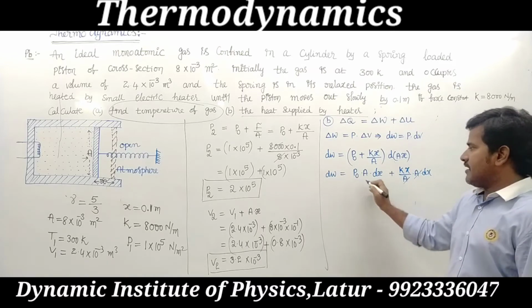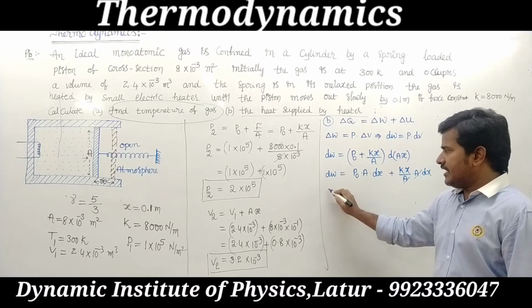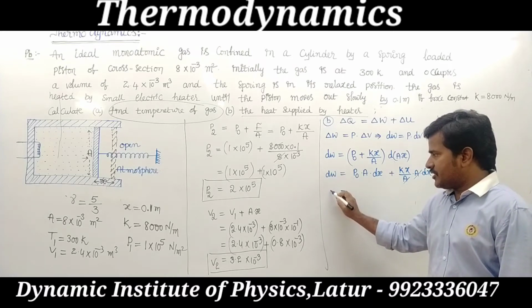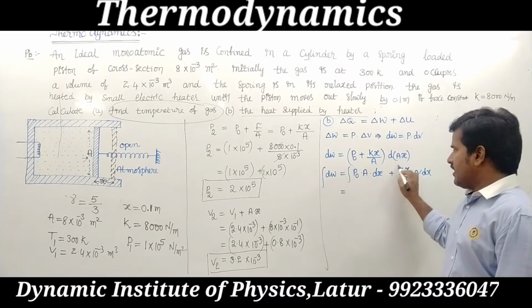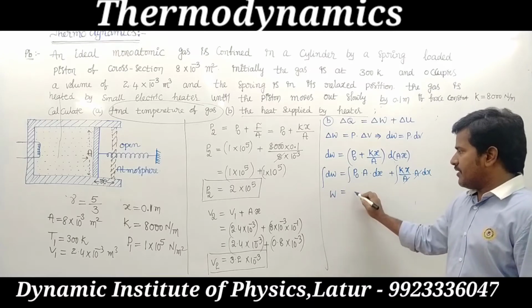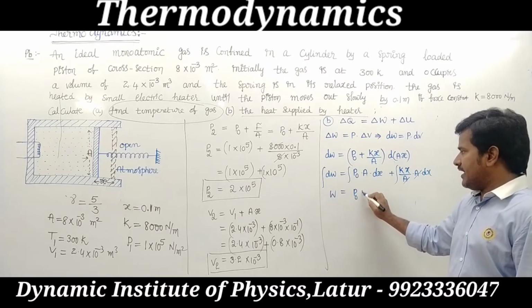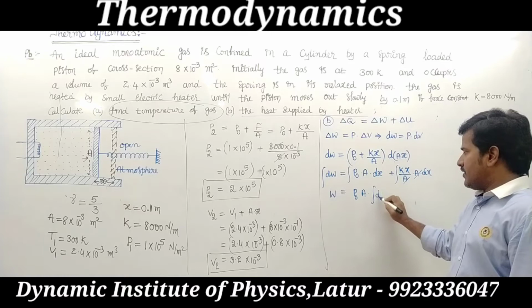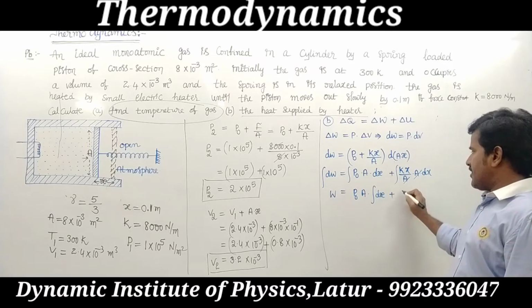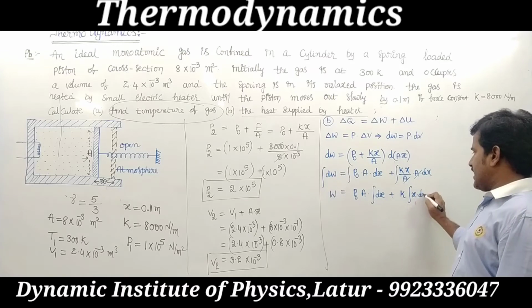So here A is cancelled. Here it is written as dW, integration is applied on both sides. After integration, W equals P naught into A integration of dx plus K into integration of x dx.